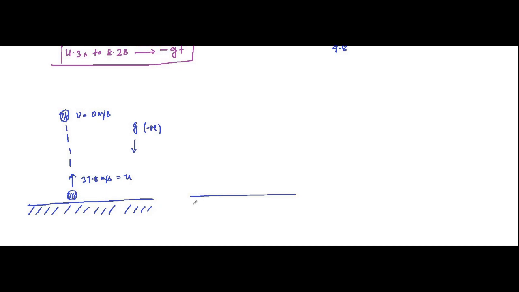So when it comes back, this is stage 3. When it comes back from this position downwards, at this exactly identical point, its final velocity will be 37.8 meters per second.